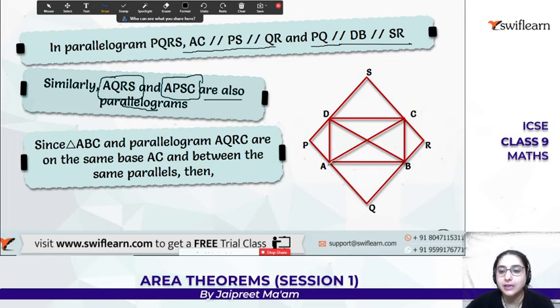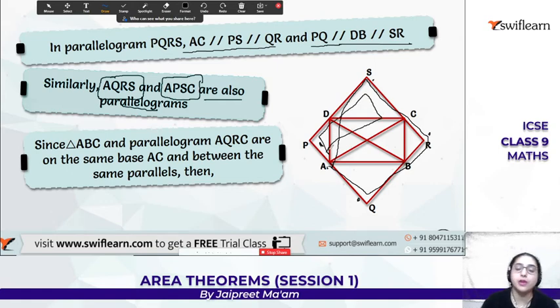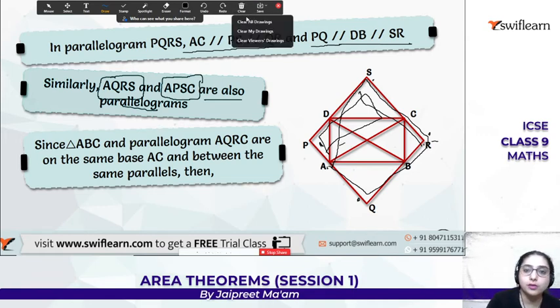If we join, this is a parallelogram AQRC, and APSC is also a parallelogram. So we have found the two parallelograms.